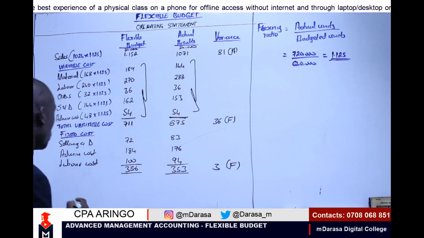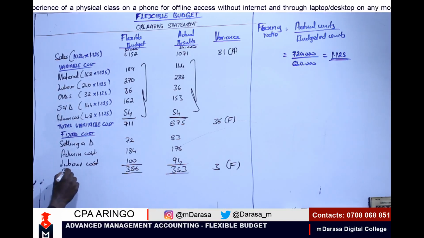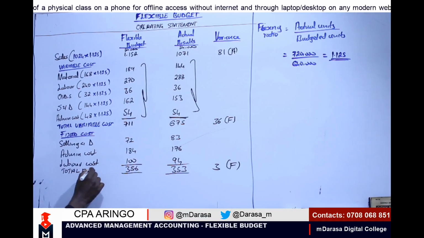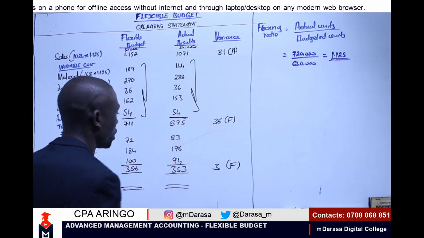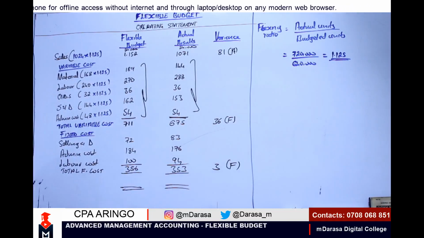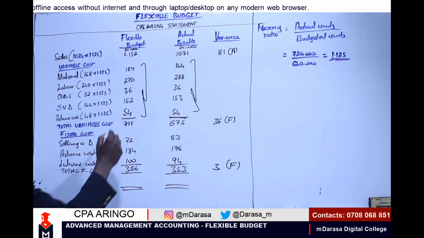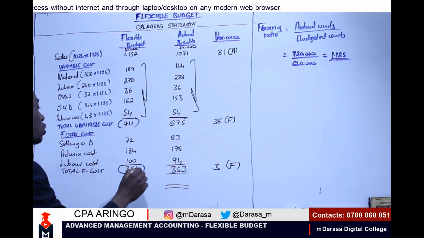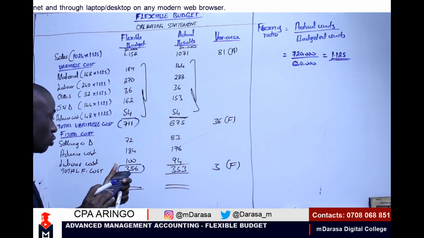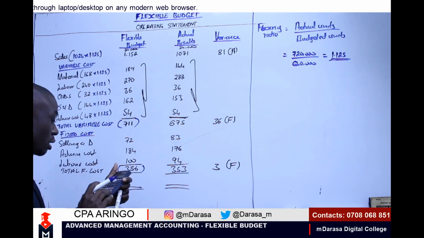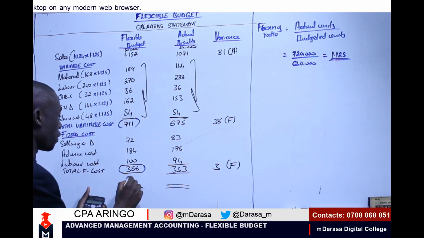Because you can see here, I'm spending less than what we had anticipated. So after we do have our total fixed cost, clearly we can now determine our profit. And how do you determine our profit? I should be having our budget sales, which was 1152, minus 711, minus 356, to give me a figure of 85 here.